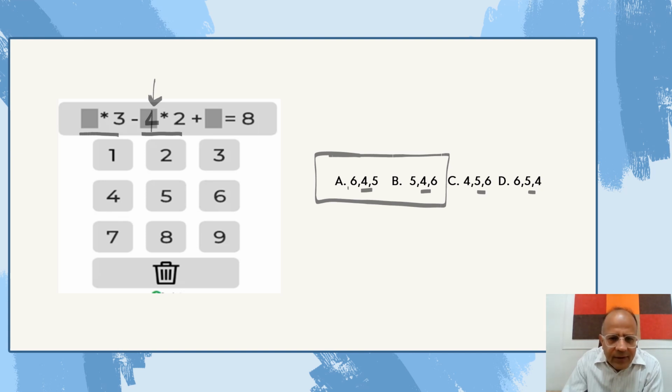Let's say I'll go with this option. If I put a 6 over here, that's going to make it 18 minus, okay, not 10, 18 minus 8, which is 10. Something more is added, so it did not work.